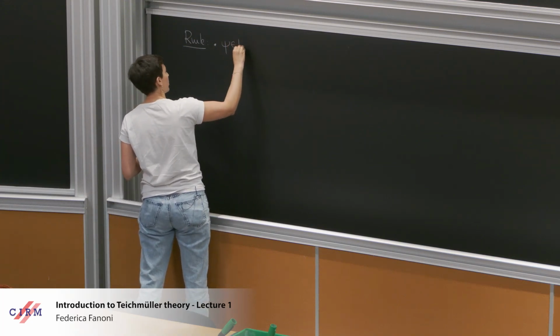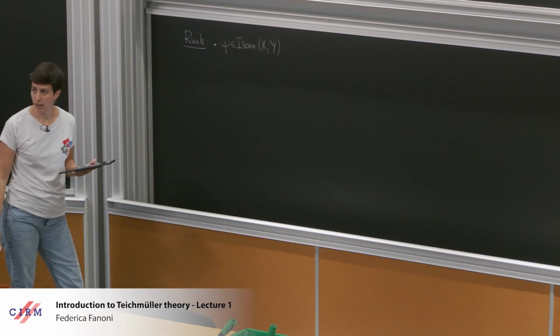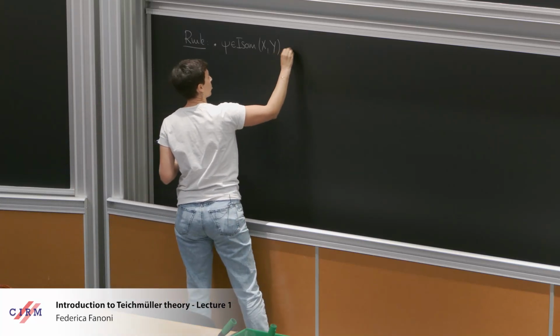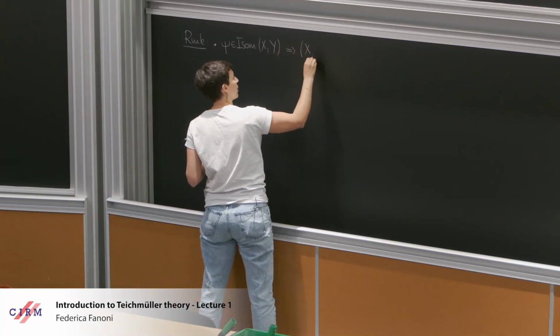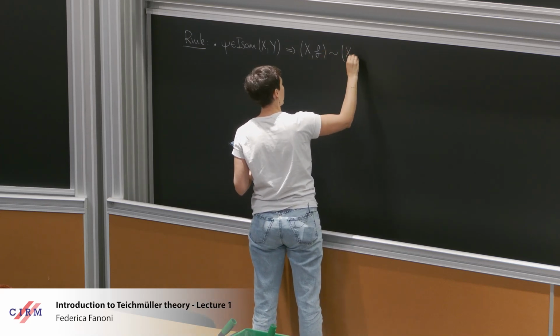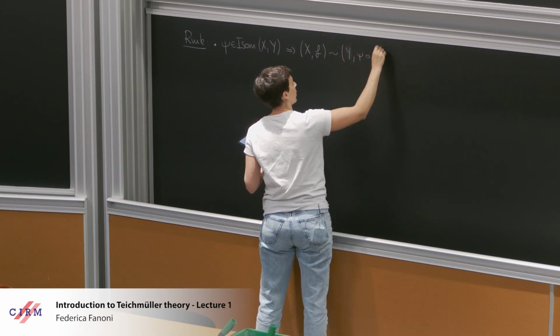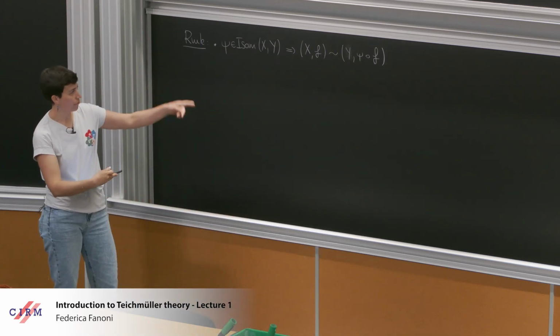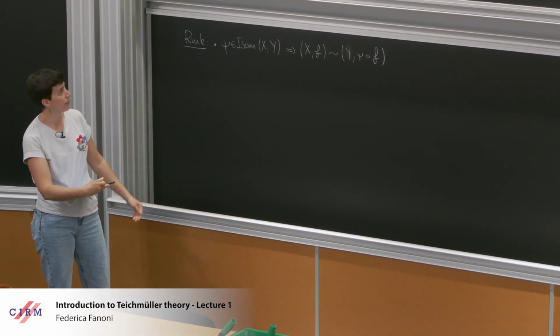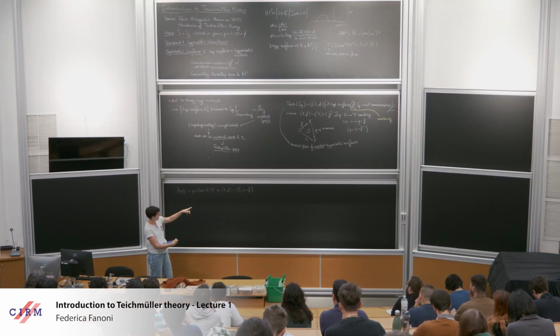If I have an isometry psi between two hyperbolic surfaces, then anytime I pick a marking, by definition this will be in the same equivalence class as Y, where the marking is F post-composed with psi. Here, in this case, the diagram commutes with psi, commutes really on the nose, not up to homotopy.